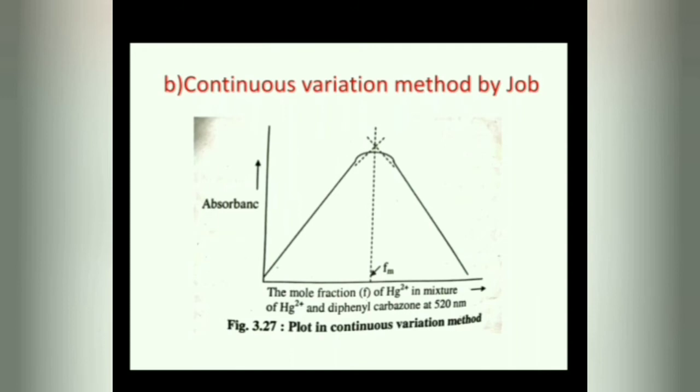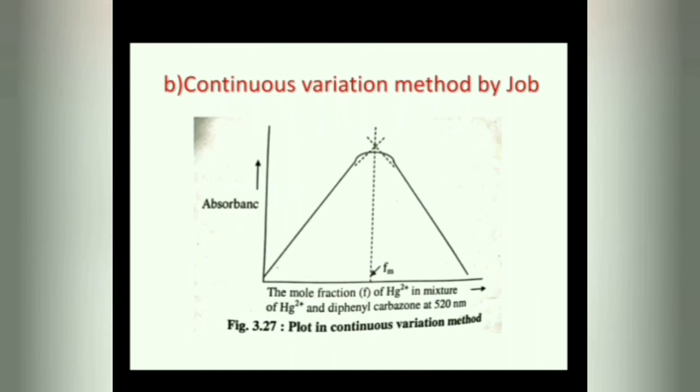Okay, this is all about the continuous variation method. We can easily find out by the ratio Fm is equal to x divided by y, where x and y are the concentrations of the metal and ligand in that particular coordination complex.